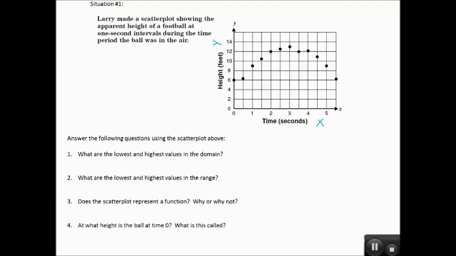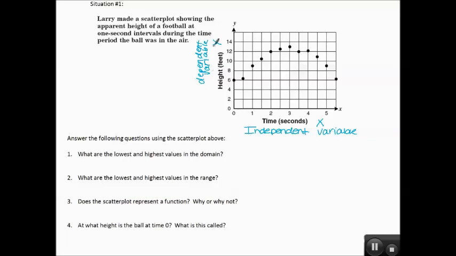If we recall back to our earlier lesson, our x-axis is always our independent variable, and my y-axis is always my dependent variable.